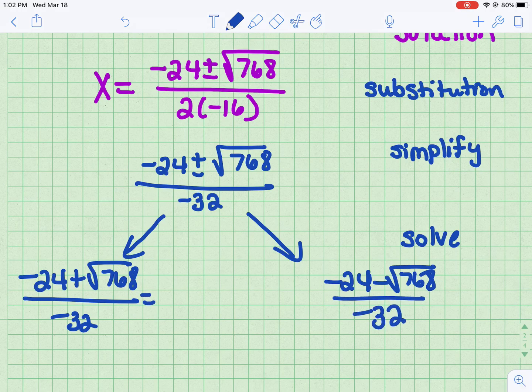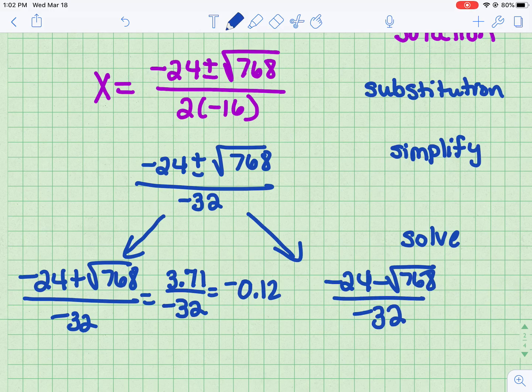Okay? I do the top first. Remember, if you try to punch this in without the appropriate parentheses, it doesn't work. So I always recommend get the top answer, so negative 24 plus the square root of 768. Write that down, 3.71, and then divide that by negative 32. My answer here is negative 0.12.